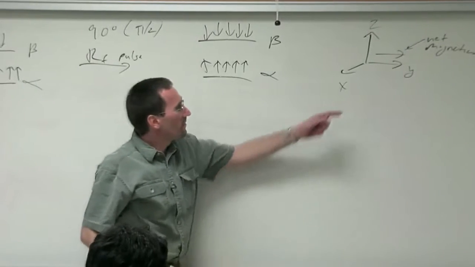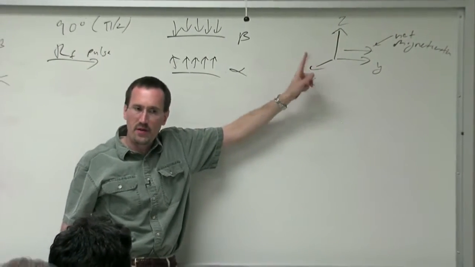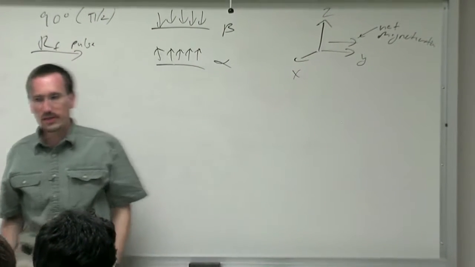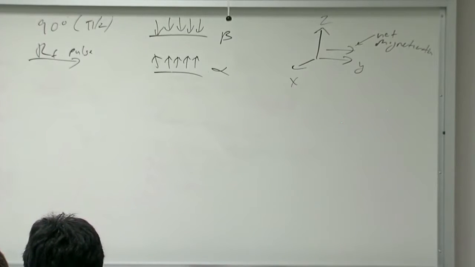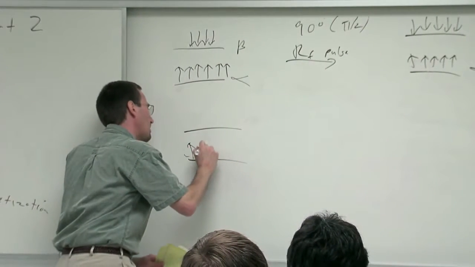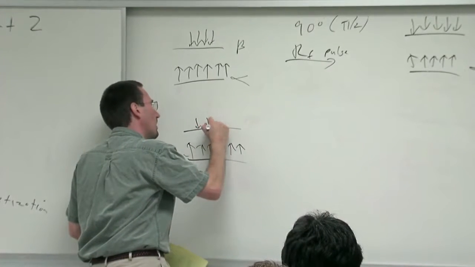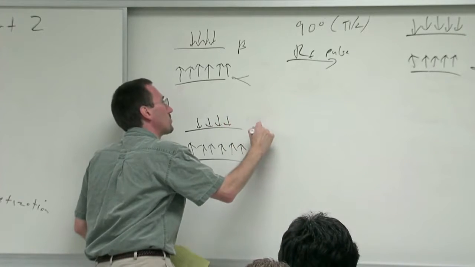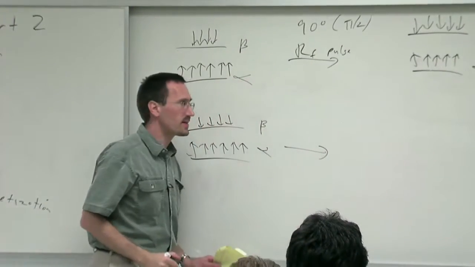It is not diffuse, it is not pointing in all directions, we actually have net magnetization in the xy plane. And if we apply a longer pulse, a more powerful RF pulse, so again, I will represent our 6 little arrows and 4 little arrows representing our differential populations of the beta state.